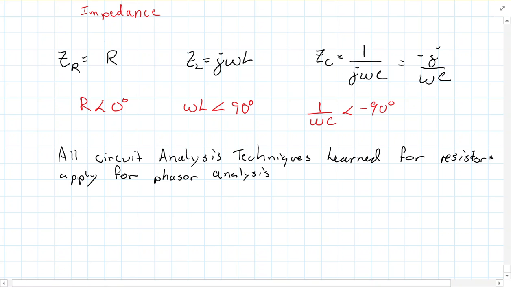So the key thing here is that the three circuit elements behave like resistors.